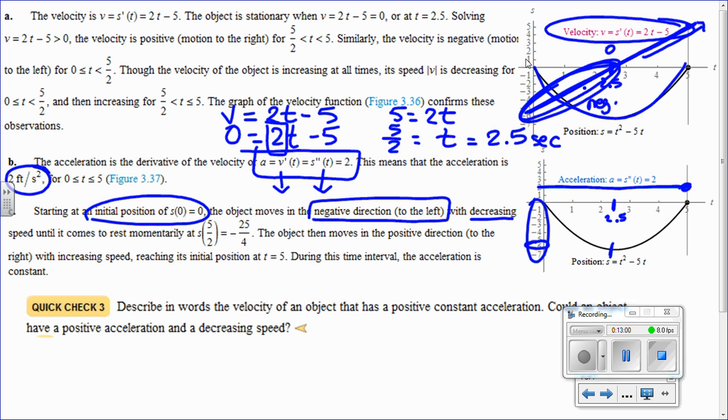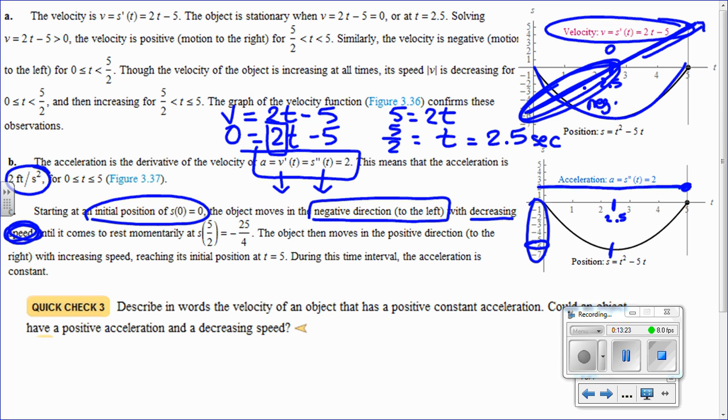So if we look at the magnitude, it's like 6, 5, 4, 3. Since speed is the absolute value of velocity, it is decreasing, even though the velocity itself is increasing. But the magnitude is. Oh, okay. So it's speed, not velocity. Okay. Alright.